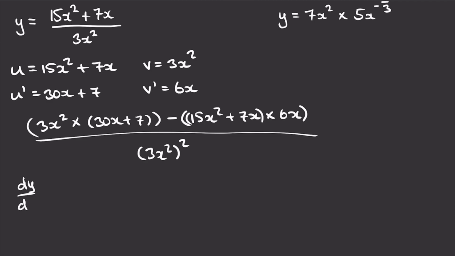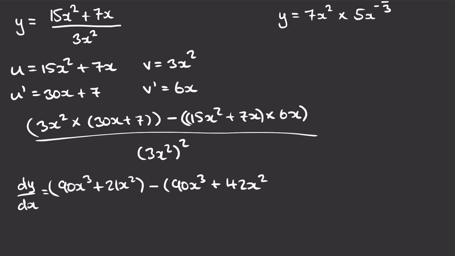So our dy by dx equals, this bit, the bracket, would be 90x cubed plus 21x squared subtracted by, it's my calculator, 15 times 6x, so it'd be 90x cubed plus 42x squared, if I'm correct.